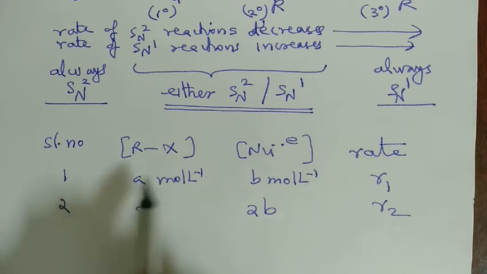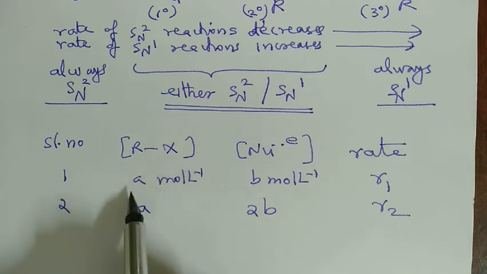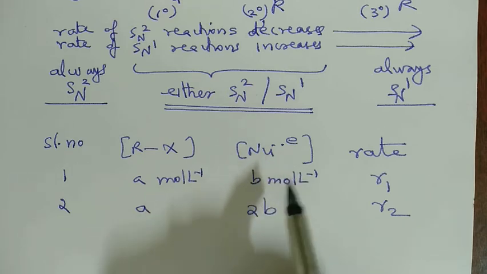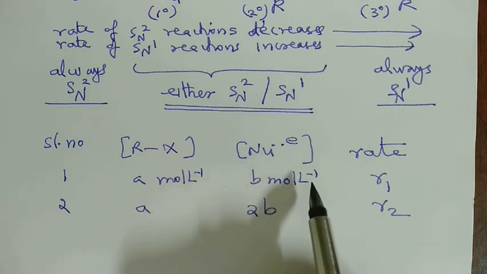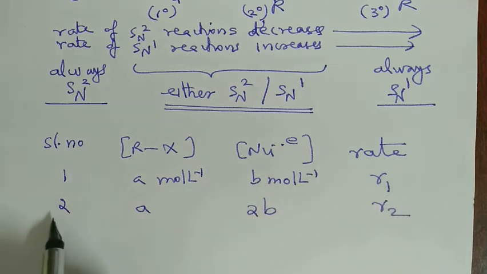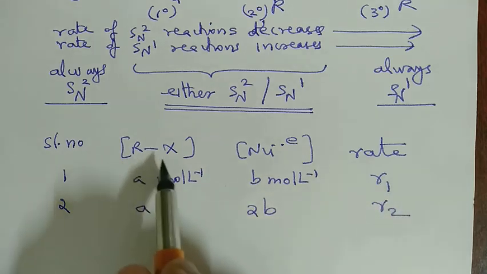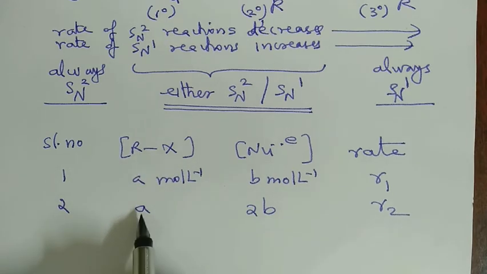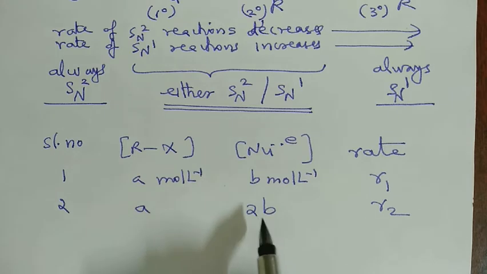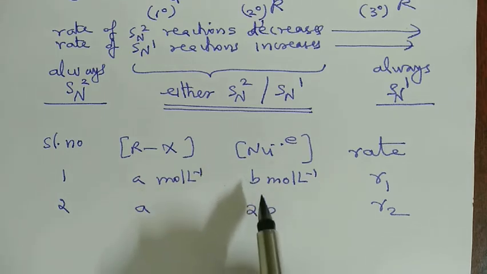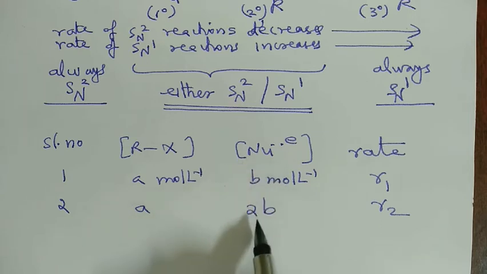Suppose in first experiment, concentration of alkyl halide is A mole per liter. Concentration of nucleophile like OH minus is B mole per liter. Suppose the rate is found to be R1. In the second experiment, concentration of alkyl halide is same, that is A mole per liter, but that of nucleophile is changed from B to 2B, that is concentration of nucleophile is doubled.